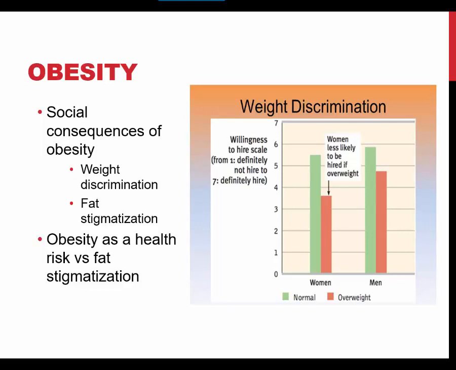We know that there is what we call fat stigmatization, where there is a stigma associated with being overweight and obese, and this can impact people's mental health, as well as their opportunities to fully participate in larger social life and social settings.